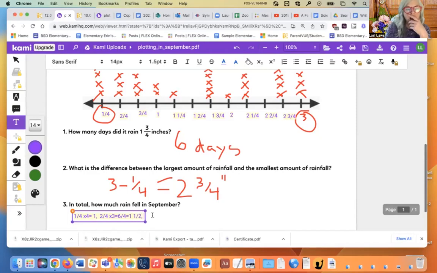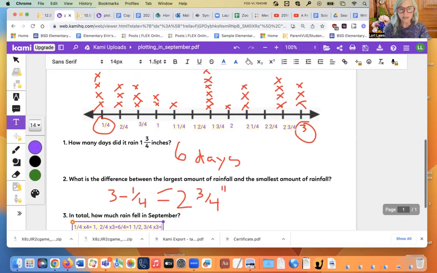Okay. The third one is 3/4 times 3 equals 9/4. Remember, I'm just timesing across the top, which is the same as 2 or 8/4. And you have 1/4 left over.